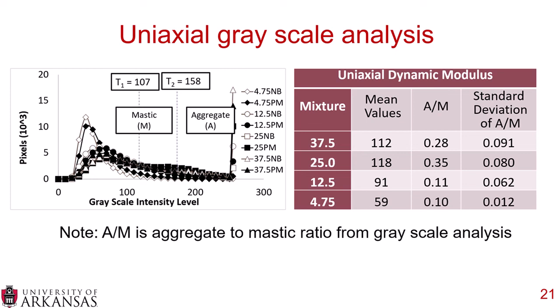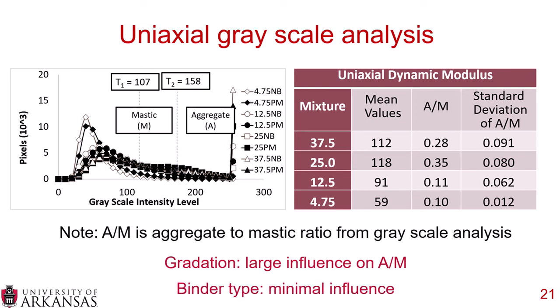But in general, you can tell as you go down, especially to 12.5 and 4.75, those numbers start dropping. We also include the standard deviation on there to give you an indication of the variability of the data that we're looking at. So our conclusions from this uniaxial grayscale analysis is that the gradation does have a large influence on the A/M, and the binder type has a minimal influence on the A/M.